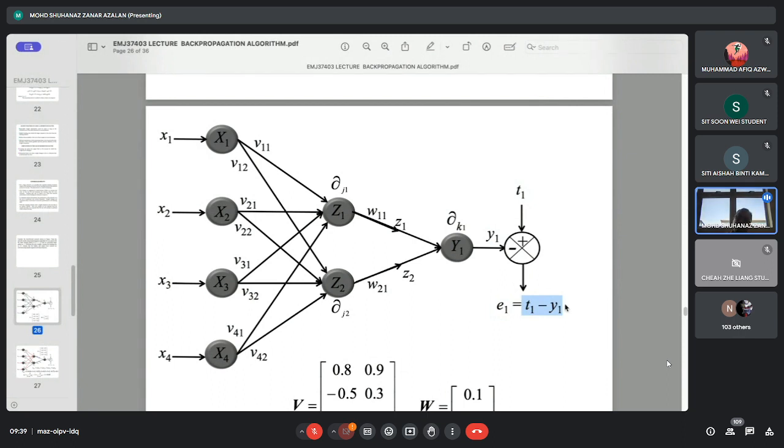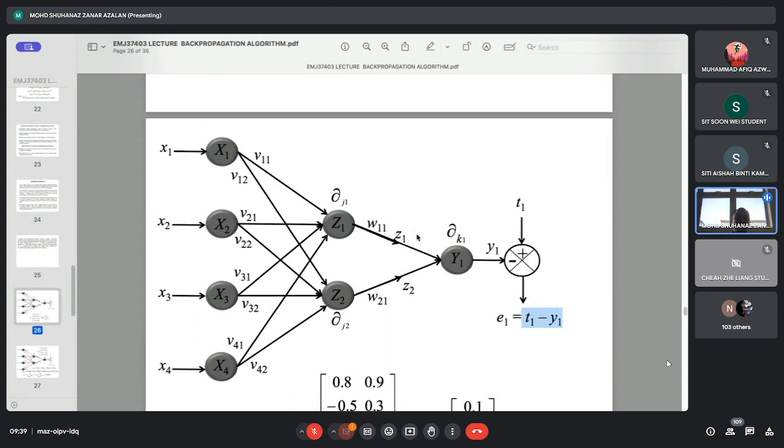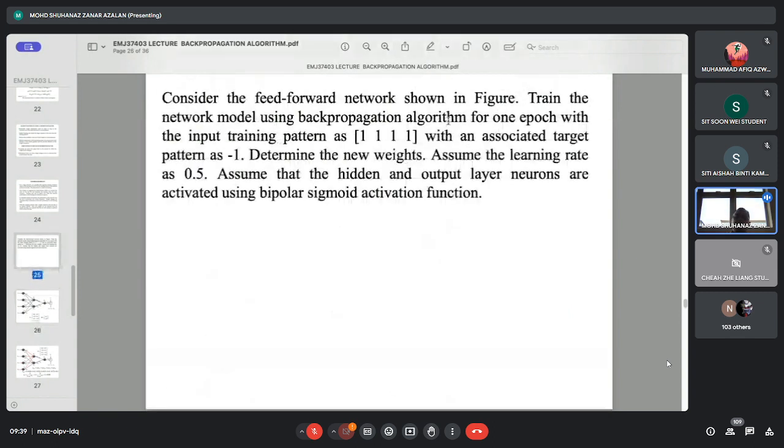If we don't get 0.005, then the process of updating the weightage will go on until E reaches 0.005. But for this question, it's already mentioned that we only want to update the weightage in one approach.